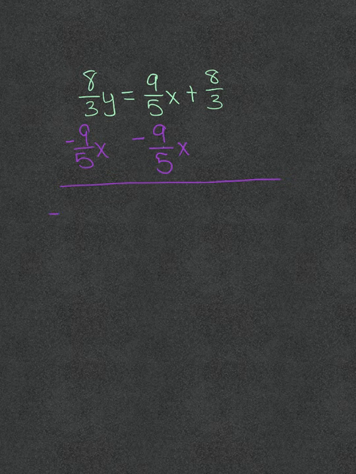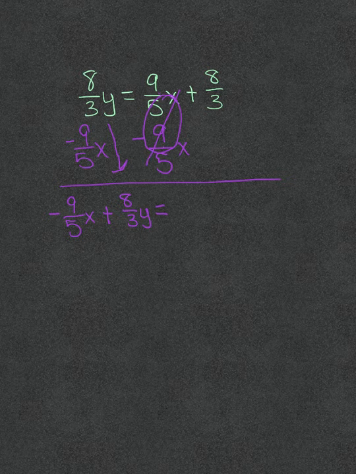I have a negative 9/5 x. I'm going to bring down my 8/3 y. It's positive, so I'm going to put plus 8/3 y equals 9/5 x minus 9/5 x is 0, so we don't have to write anything down there. And then I'm going to bring down my 8/3. That's my answer. So don't freak out seeing a fraction. Y'all got this.